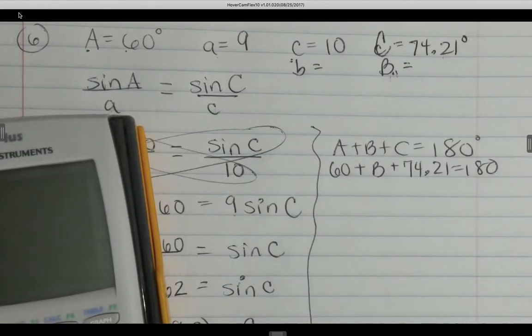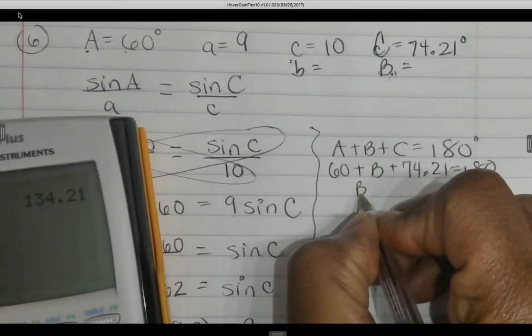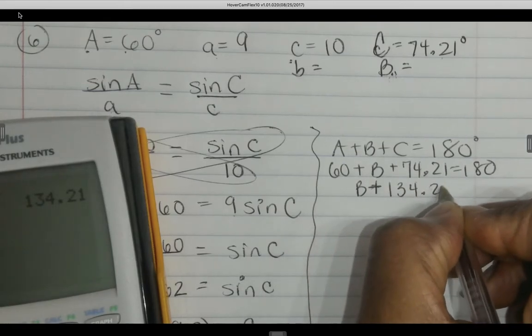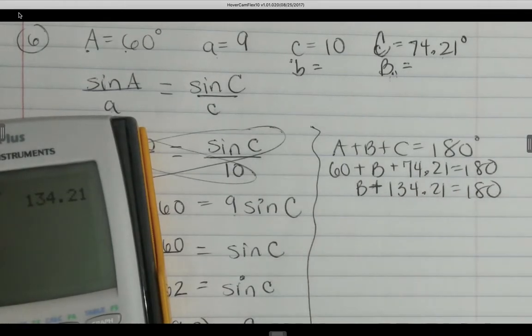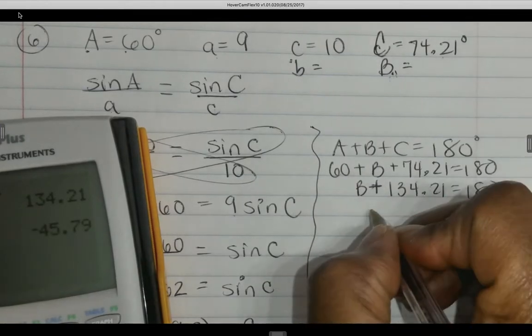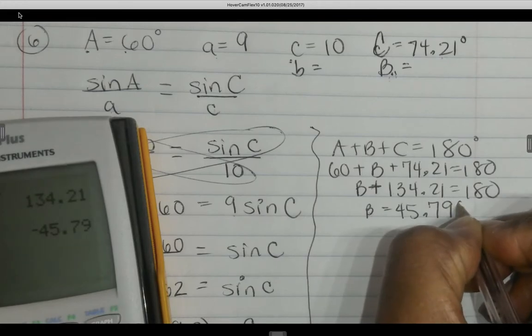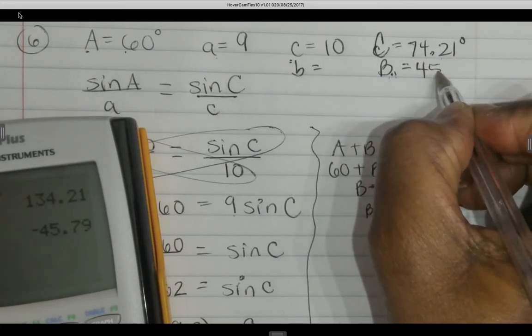So I'm going to add those two, 60 and the 74.21, and then I'm going to subtract it from 180. Oops, minus 134.21. And then I'll subtract it from 180, and I get that B is 45.79 degrees. So I'll put that up here, 45.79.